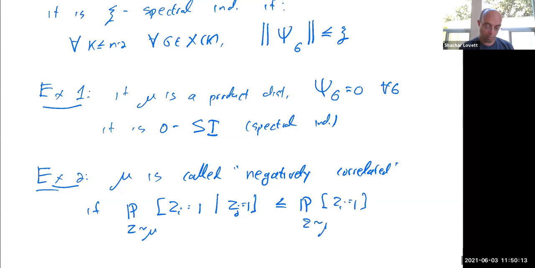So what is a negatively correlated distribution, again over 0, 1 to the n? If I see a 1 somewhere, it makes another coordinate being 1 less likely.